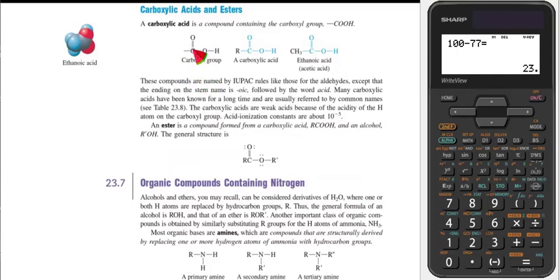This is carboxylic acid. So here you've got one carbon. That's the group. And here it's the same thing in blue, but now the R tells you that you are going to have a hydrocarbon: methane, ethane, propane, whatsoever.